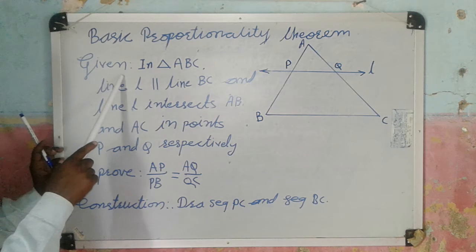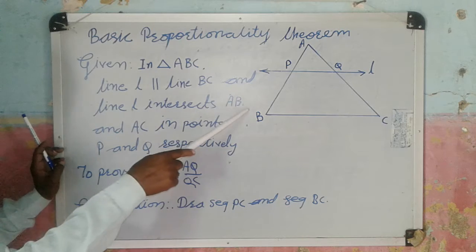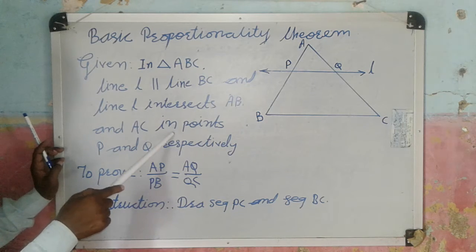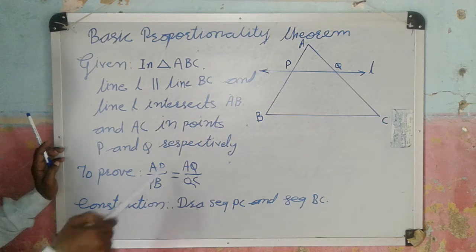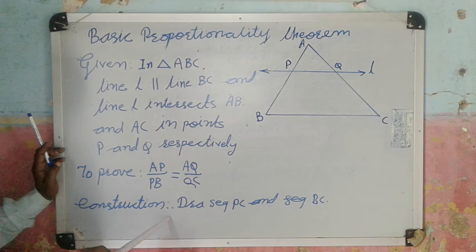Then the given things, which are given in the statement and in the figure. Then what we have to prove. If construction is required, then we have to do that construction, and last, write the steps of proof.